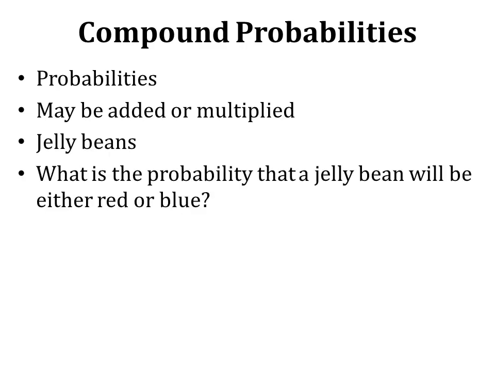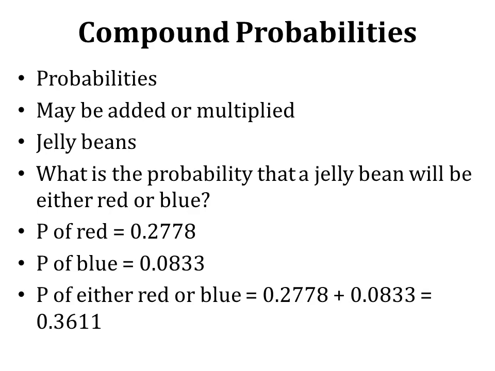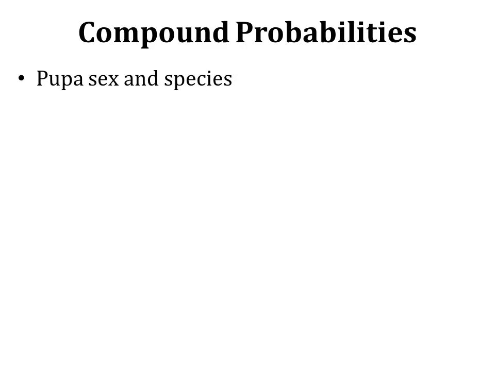For example, in the case of jelly beans, what is the probability that a jelly bean will be either red or blue? The probability of red is 0.2778, and the probability of blue is 0.0833. Their compound probability is 0.3611.